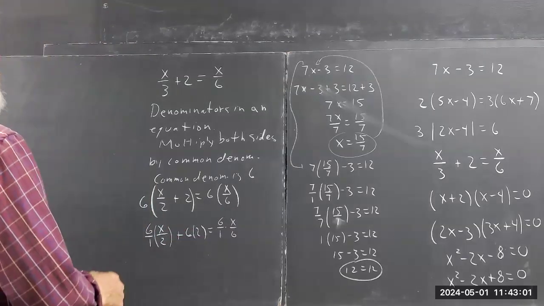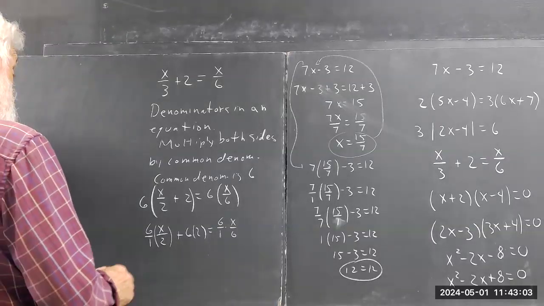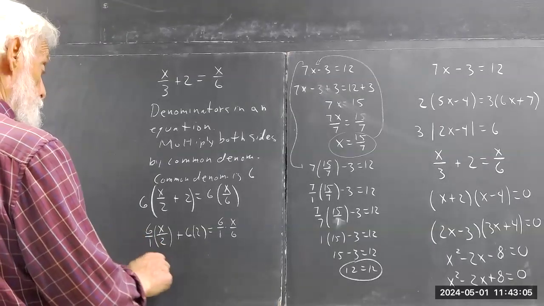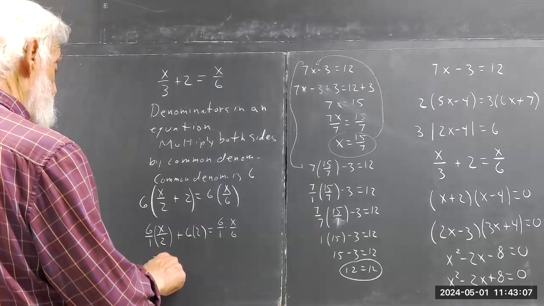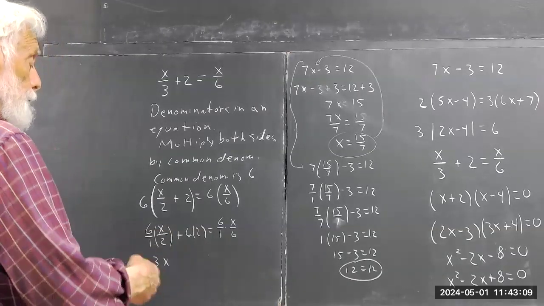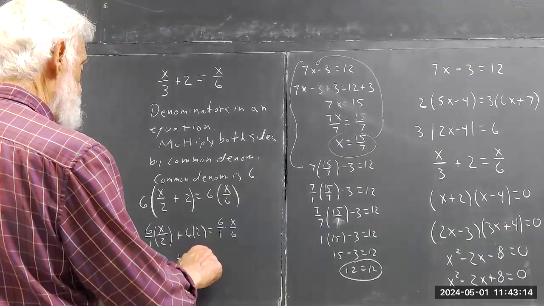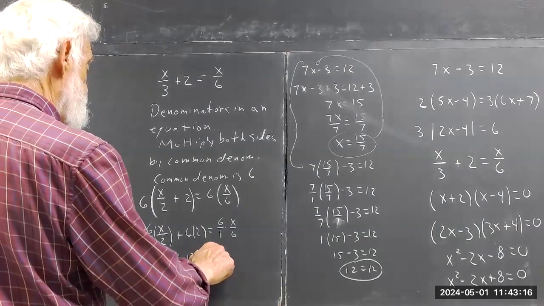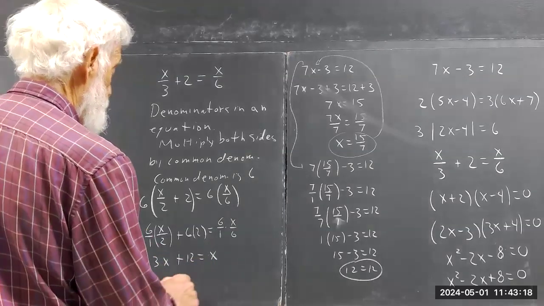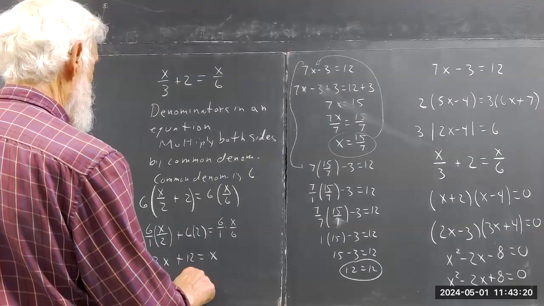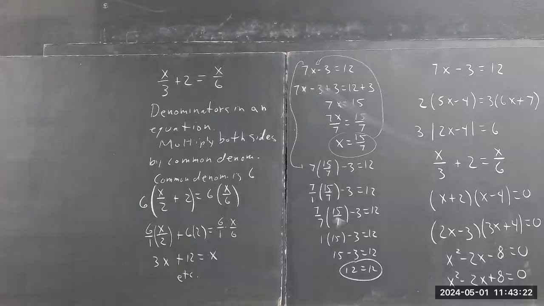Okay, now take the shortcut. That 2 will divide the 6, giving you 3. The 1's still in the denominator, but that doesn't make a difference. You just don't write it down. You get 3x plus 12 equals x. And the rest of it is very easy to solve.